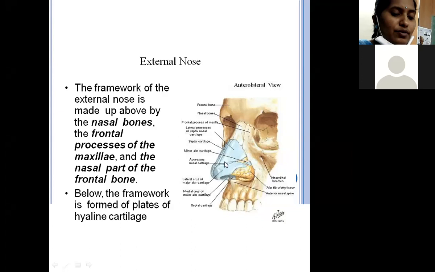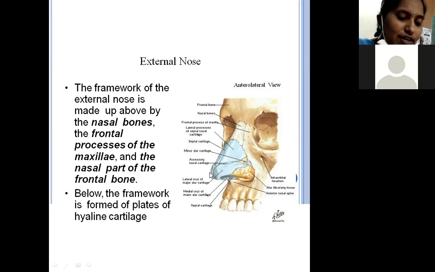Below, the framework is formed by plates of hyaline cartilages. At the center is the septal cartilage, here you can see this blue line. On both sides laterally we have the lateral processes of the septal nasal cartilage.